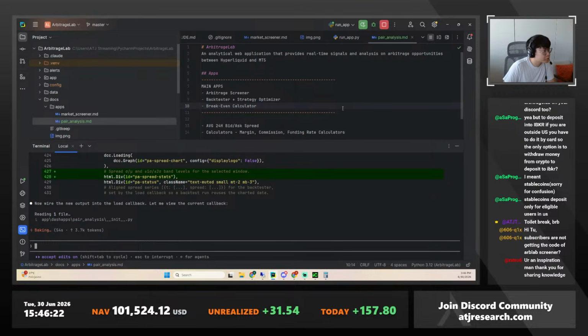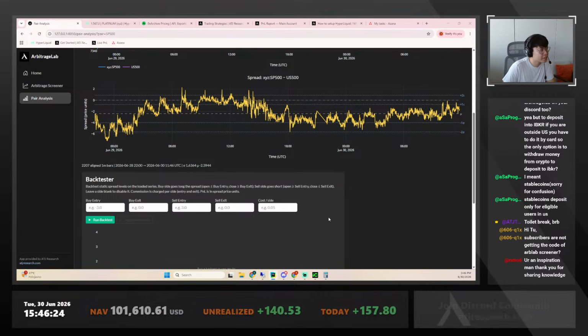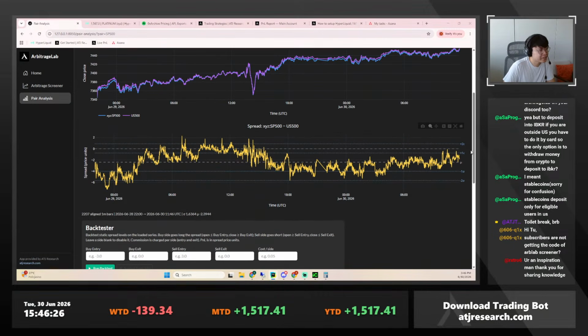So yeah, oh yeah, we're still computing. So we're adding the standard deviation, which is a nice way to see the ranges where price can go theoretically based on the historical data set.